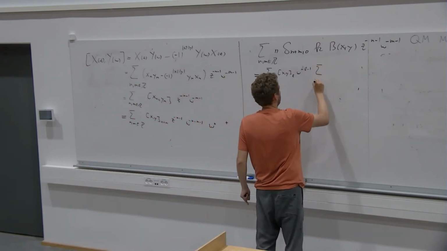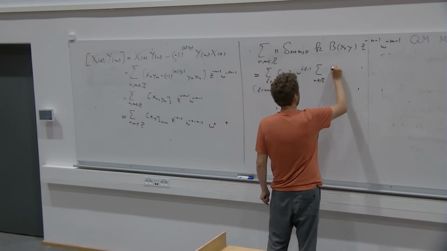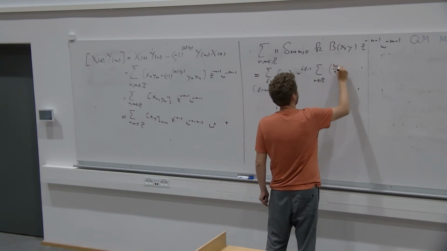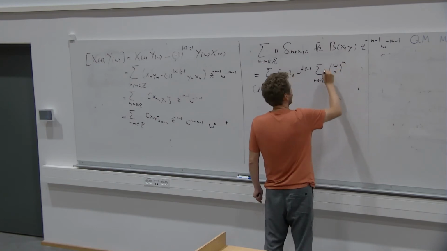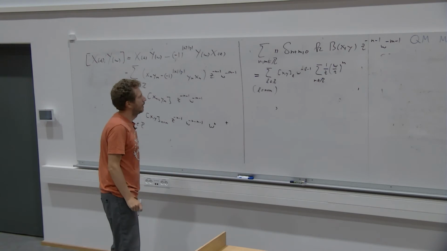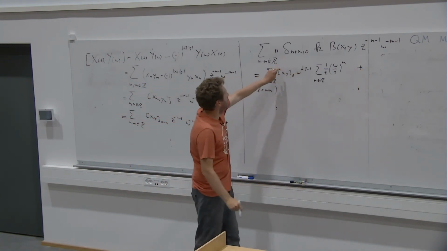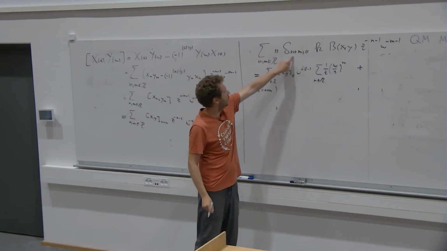Over n. Okay. And then for the second sum, I can replace m by minus n.